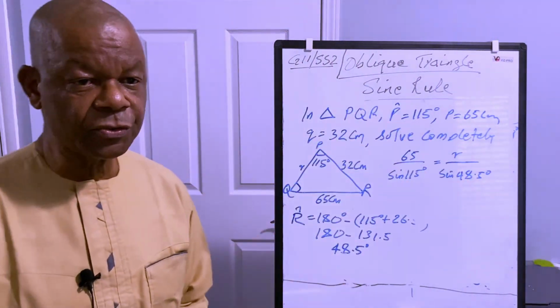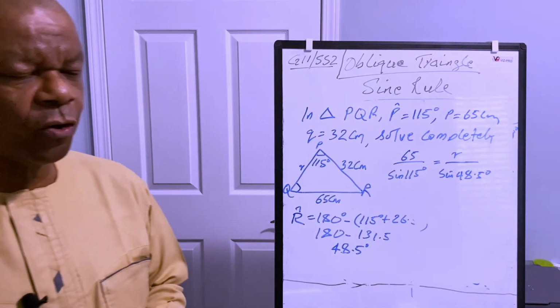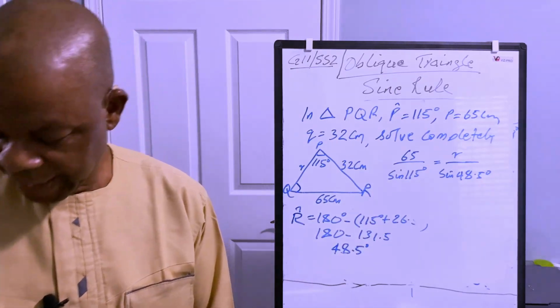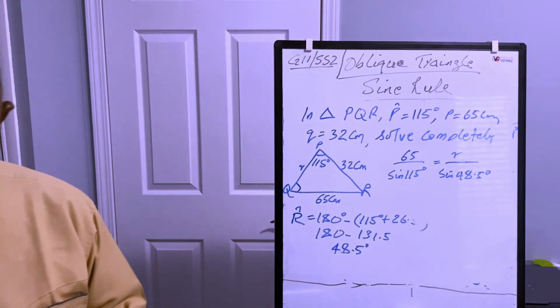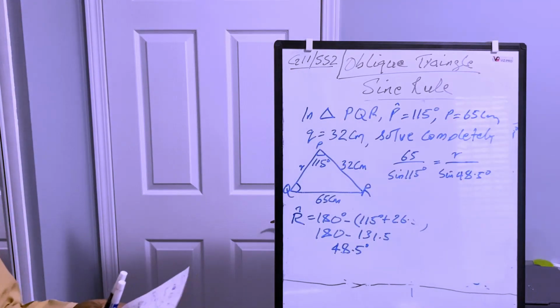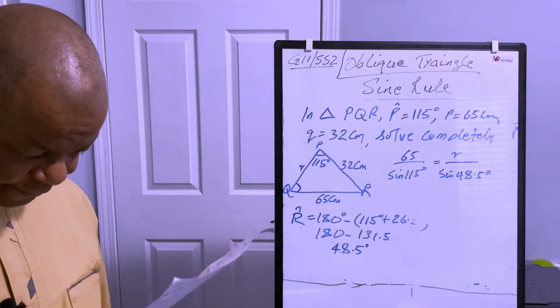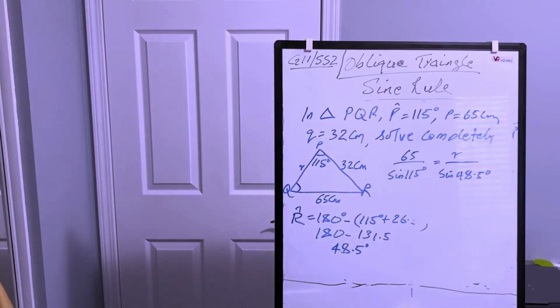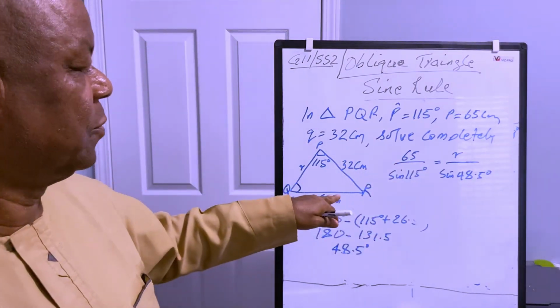So what you do, you cross multiply and solve to find the value of R in this very instance. I know you can do that.